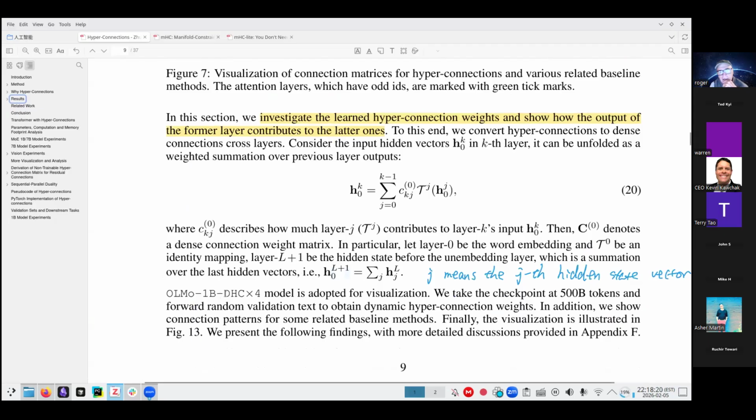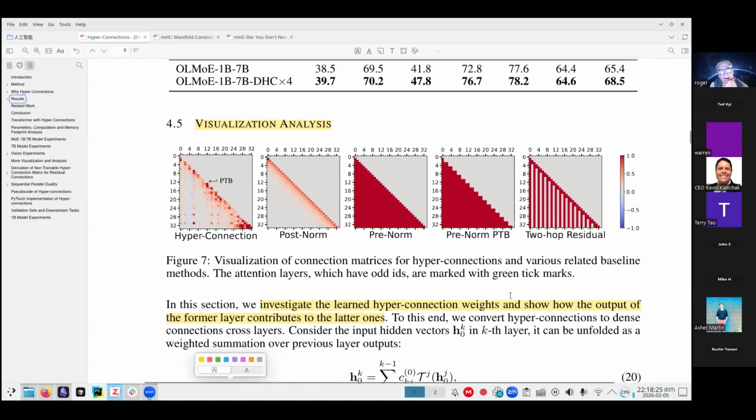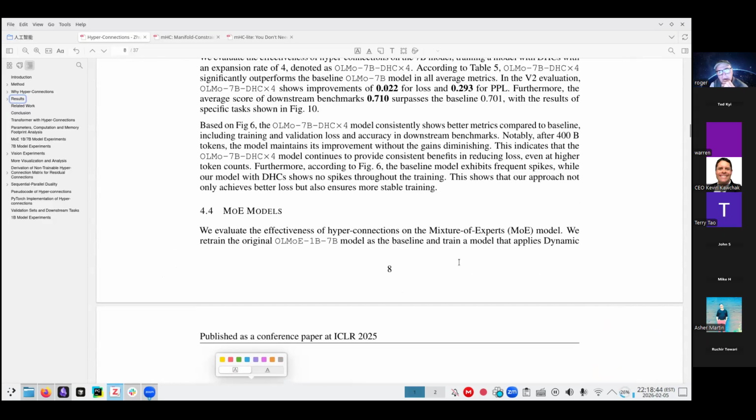I think it's dynamic. So it's averaged over some data set? Yeah. And did we show where the dynamic hyperconnection weights were computed? Maybe there's a formula. I didn't show it.